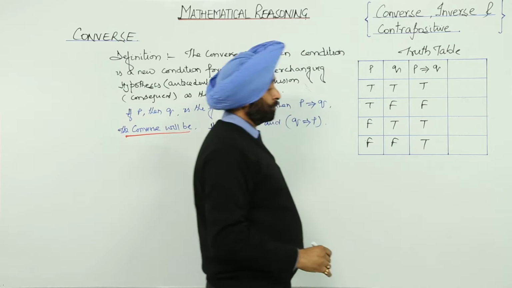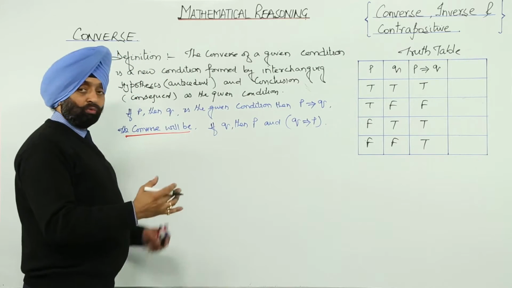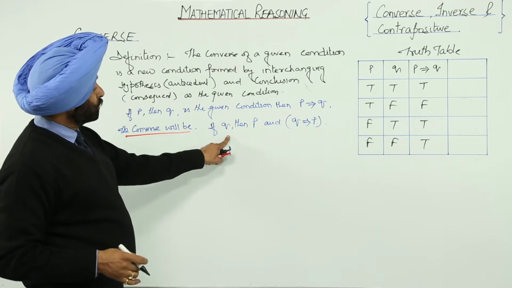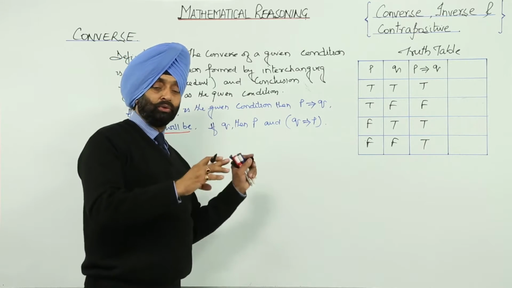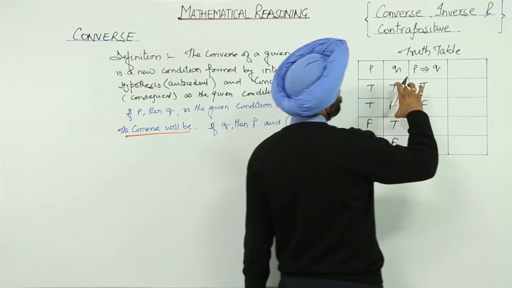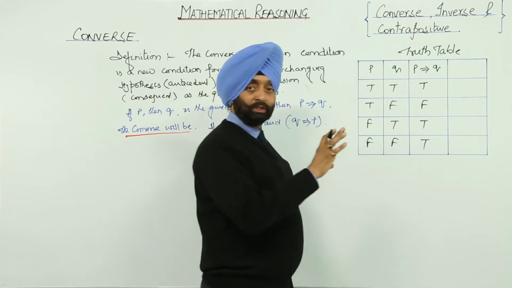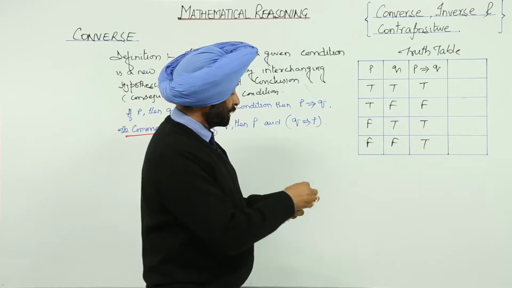This we have already done. Now what will happen if we change to Q then P? First Q then P. Now we have to take this part first. Just look here.